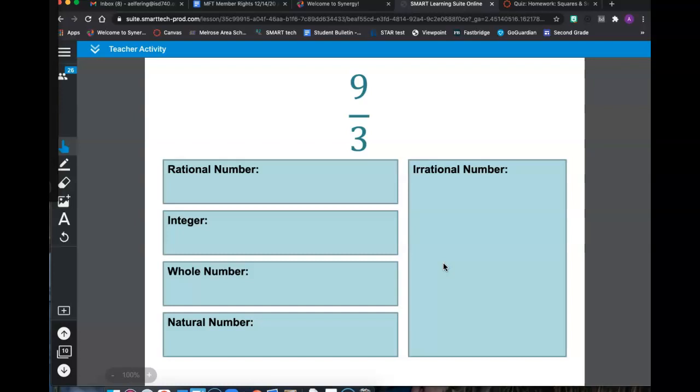If you simplify that fraction, where else would you put it? Okay, and I will tell you that it actually goes in 4 categories.